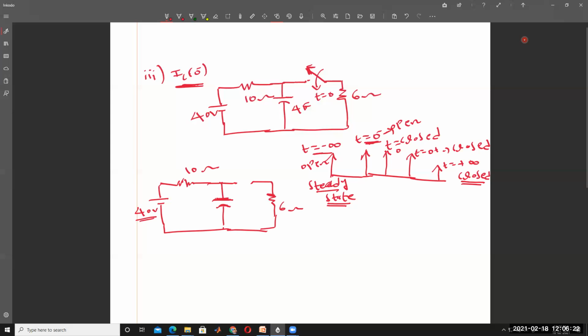Under steady state condition, the capacitor will be acting as an open circuit. That's why. So what is the voltage here?